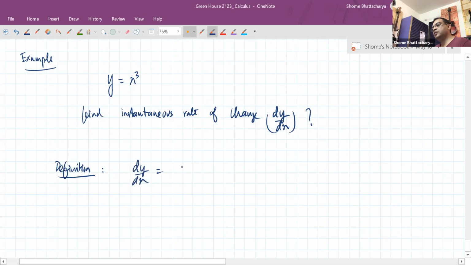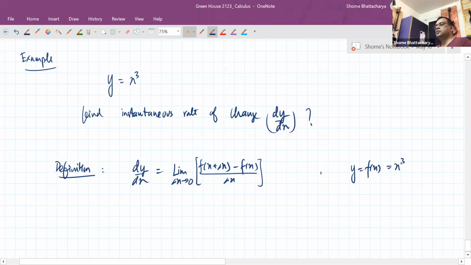It is given by a certain limit. From now, I'll write this in short form: limit is LIM. It is this thing, where the function I'm talking about is x cube.